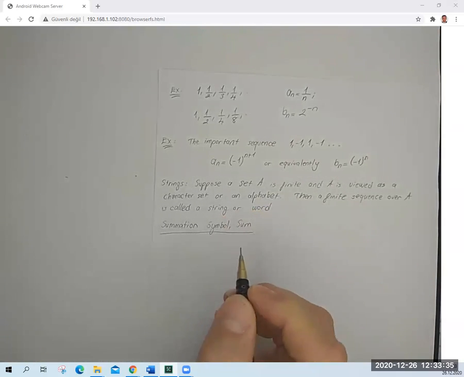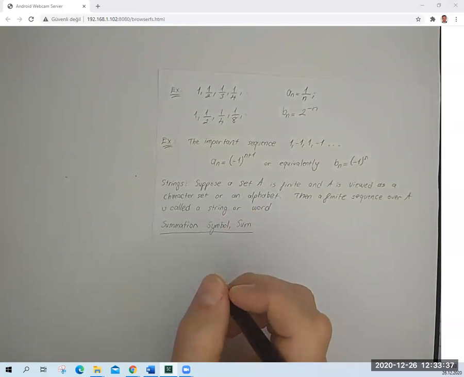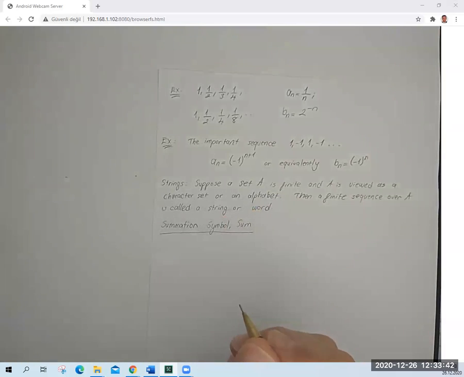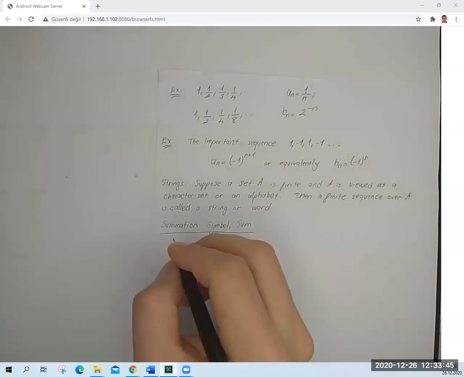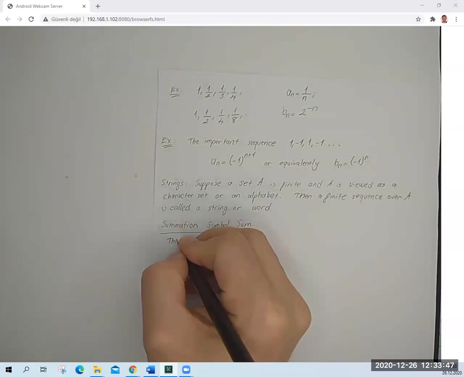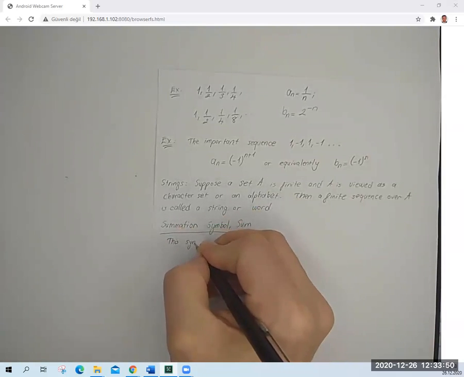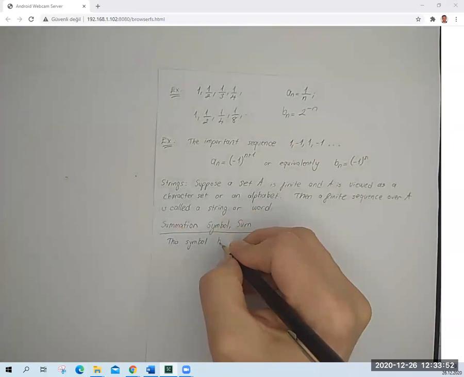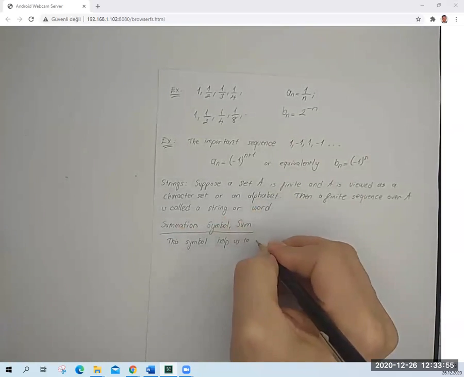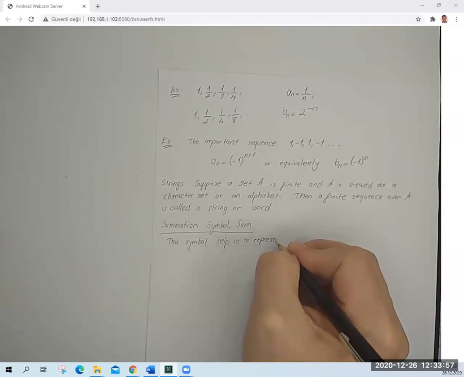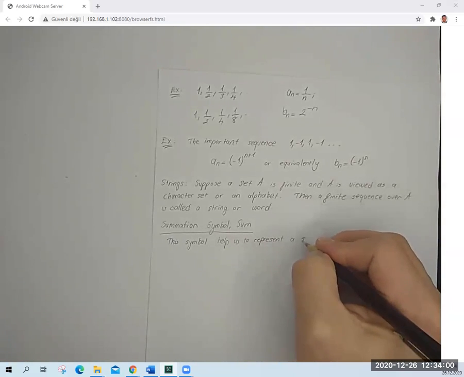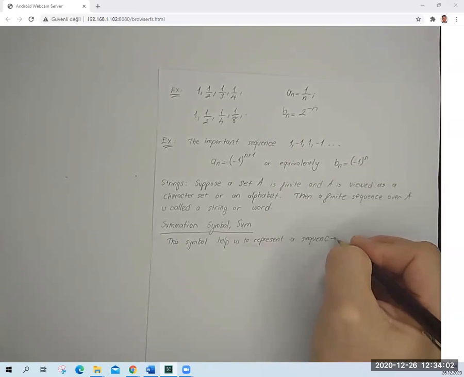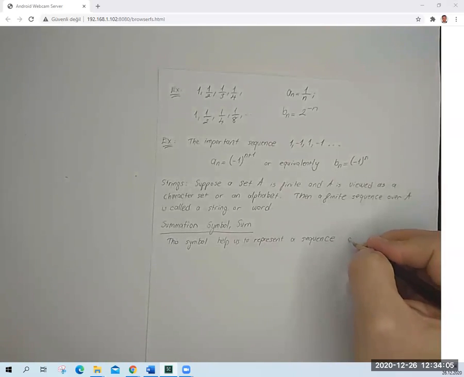This is the Riemann sum. This also represents a kind of sequence like A1, A2, A3, and so on.